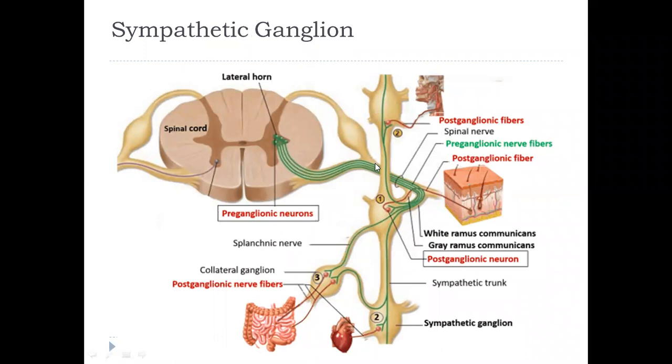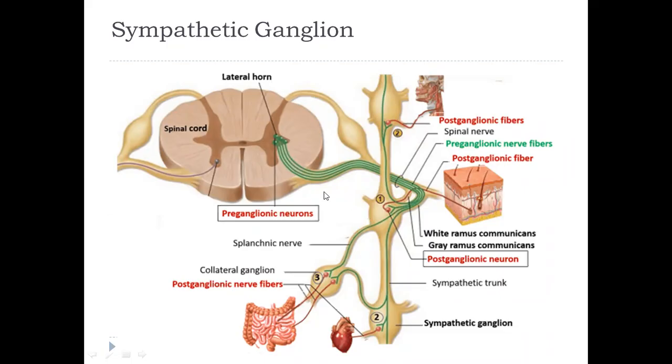See, earlier we had learned about the spinal nerve, which is present in the green color. Now we're going to look at the sympathetic ganglia, which is present beside the spinal cord. This is the sympathetic chain. Look at this one ganglion.